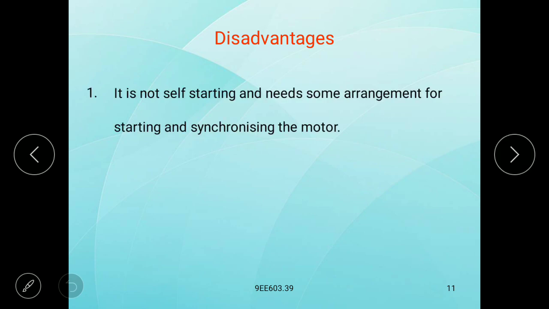So here, disadvantages. It is not self-starting and it needs some arrangement for starting and synchronizing the motor. It requires separate DC excitation.